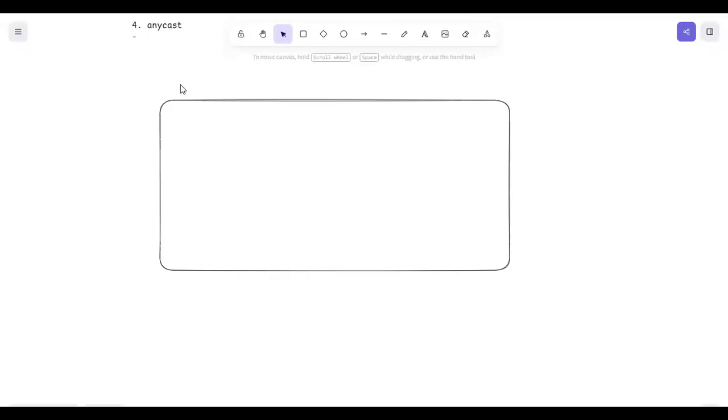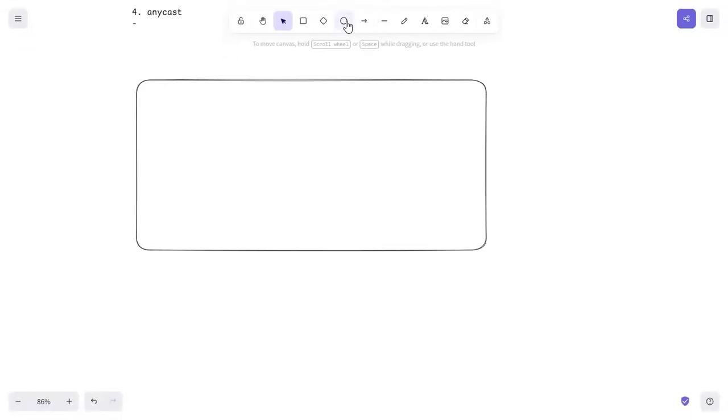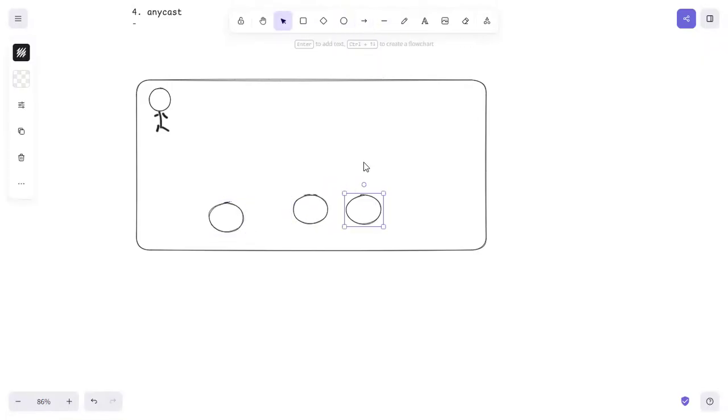Anycast means, let's say you are in a market and you want to buy some ice cream. Right now you are here. Now this is you, and you want to buy ice cream. There are multiple ice cream shops here, and here, different ice cream shops.